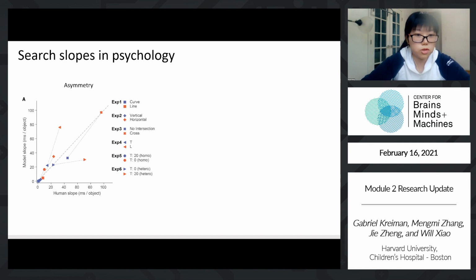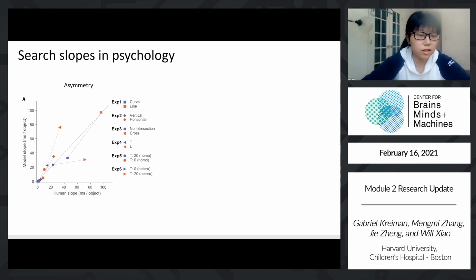Due to time constraints, I didn't introduce the total of 6 experiments we did, but here you could have a brief overview and see what the actual 6 experiments we included in the search asymmetry condition are. There are 6 experiments in total and 2 conditions per experiment. Those are the corresponding 12 markers on the plot.